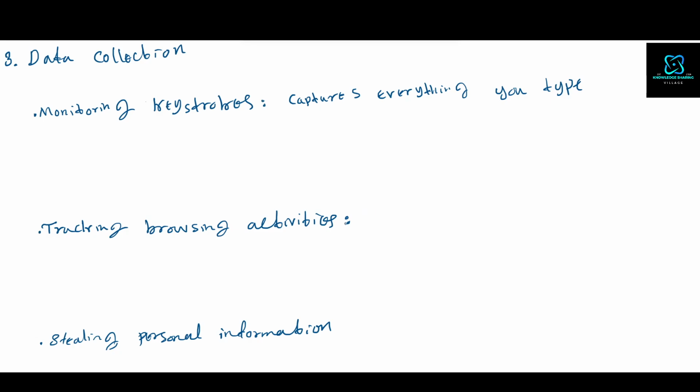Not only can they do that, they also collect data by tracking your browser activity, which sites you are searching and which sites you are visiting often. By doing this, they can understand and collect information, for example, where your workplace is, which bank you are using, which hospital you are a member of, and so on and so forth.